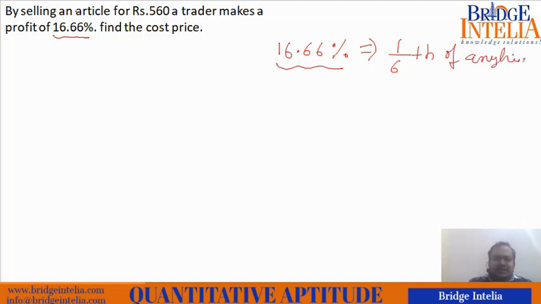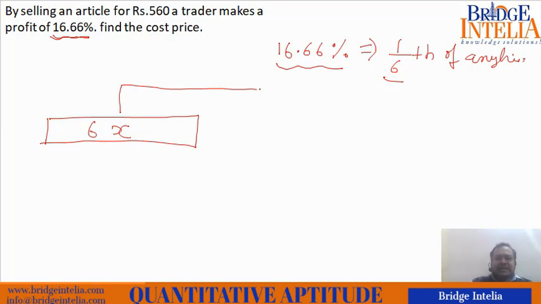Now what is the question? By selling an article for rupees 560, a trader makes a profit of 1/6. That means if you have invested 6x, then you are making a profit of x, 1/6. That's why I assume this to be 6x, so that taking 1/6 of it becomes easy.